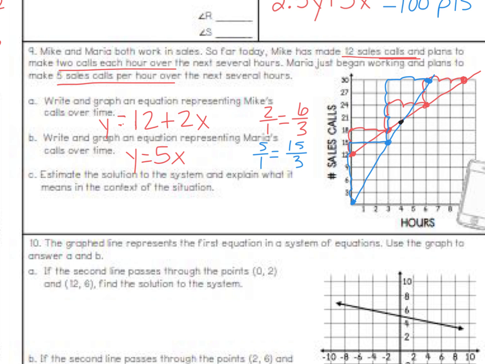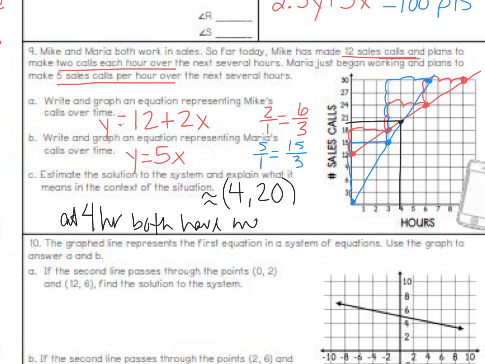This one is pretty close. 4 and about 20. And we can use the squiggle to show we're approximating. So that means that at 4 hours, both have made 20 calls.